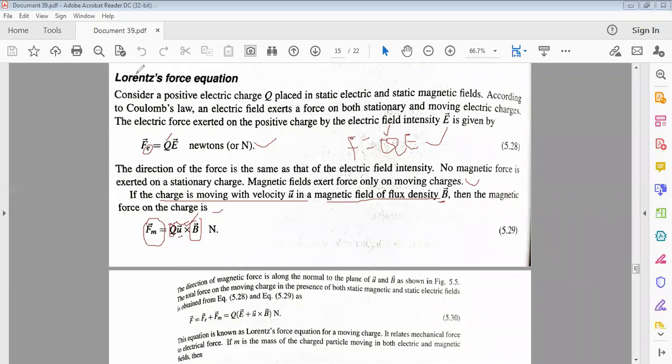Did you get it? The Lorentz force equation first states the effect of force on a static charge and the effect of force in a magnetic field.